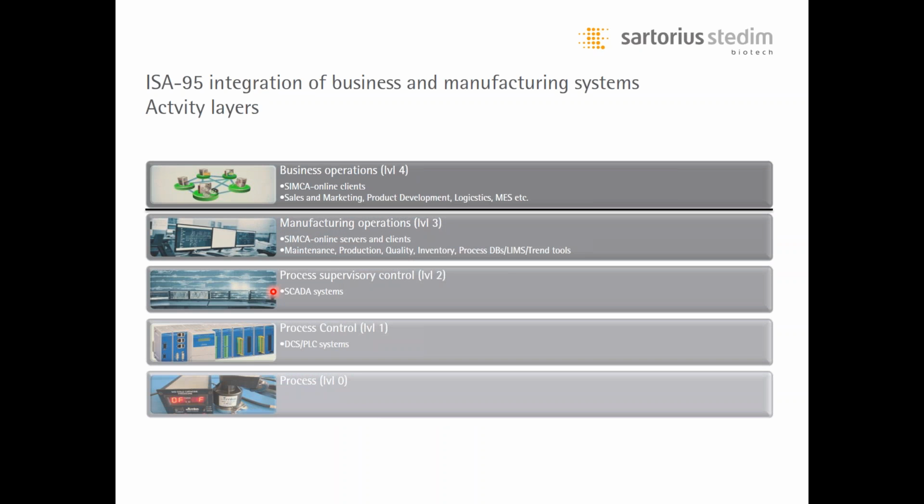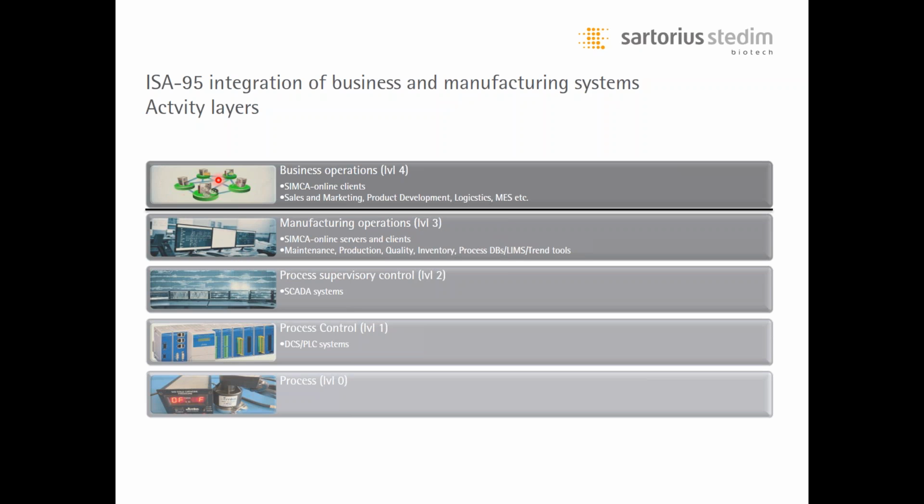And here is a slide that shows basically the layout according to ISA 95, showing the model for integration of business and manufacturing systems and the different activity layers that we have within there, going from lower levels of the process and process control into level 3, where we basically have maintenance, production, quality departments, inventory, where we also have our process databases and our LIMS systems residing.